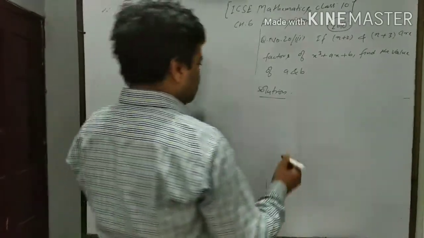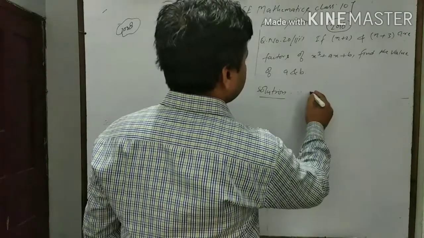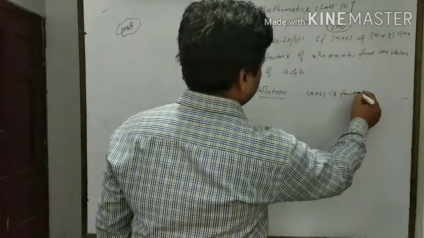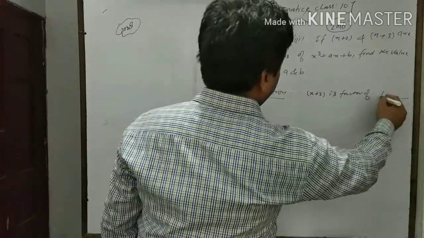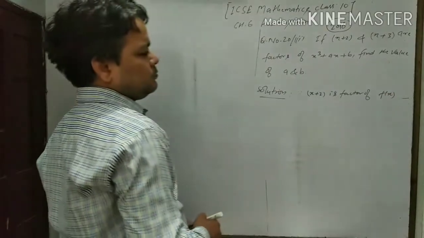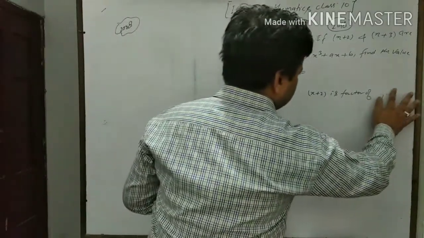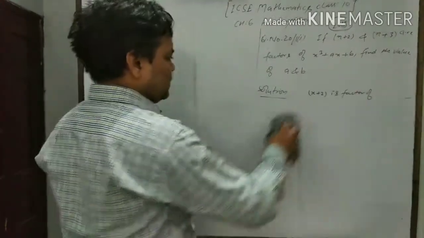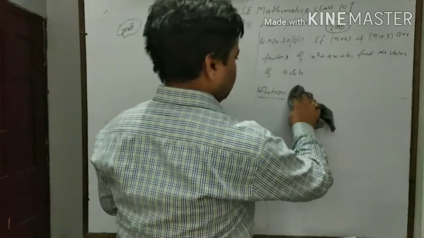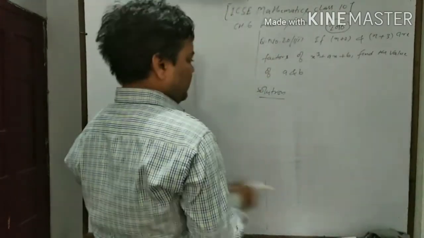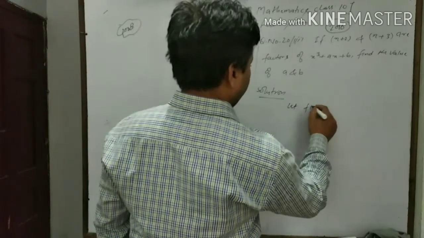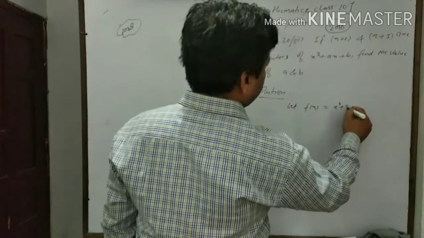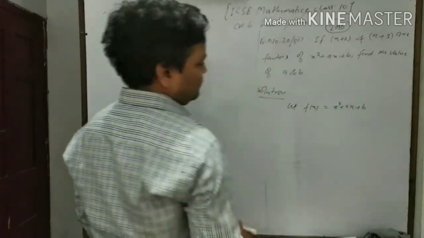What do we do? We just write here, since x plus 2 is a factor of f(x). Let f of x, the polynomial f(x), be equal to x cube plus ax plus b.